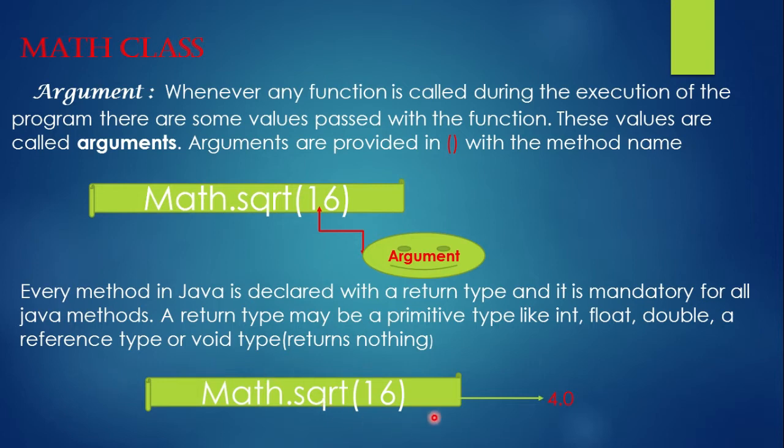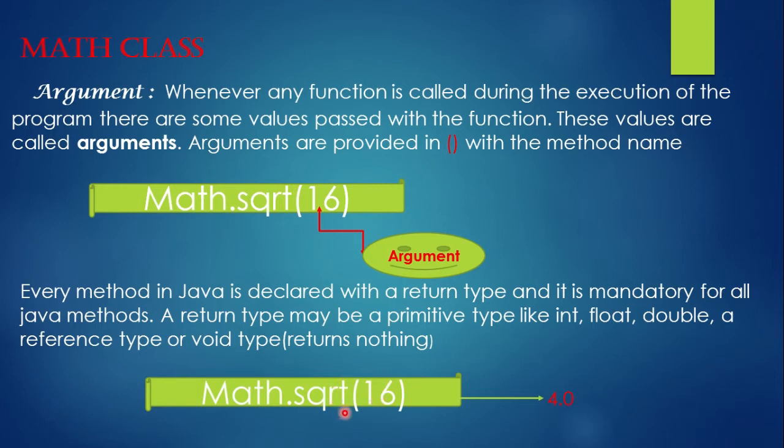I'm going to explain once again to make it clear what this return means. See, I have called a function over here, Math.sqrt, and I am giving the argument. This is the working value. I need the square root of 16.